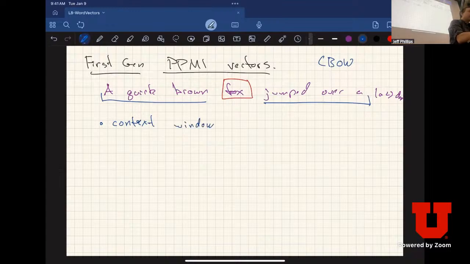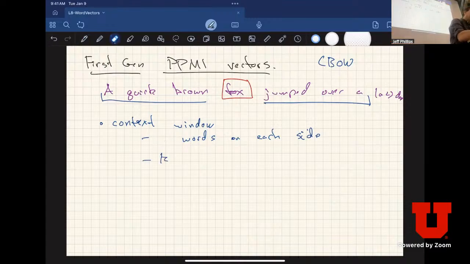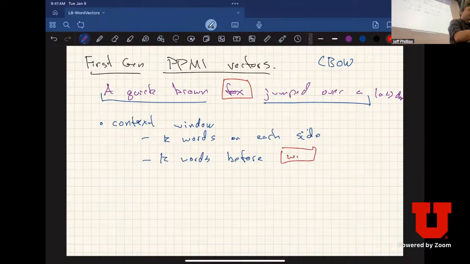There are 2 ways: either k words on each side, or k words before the word in question.